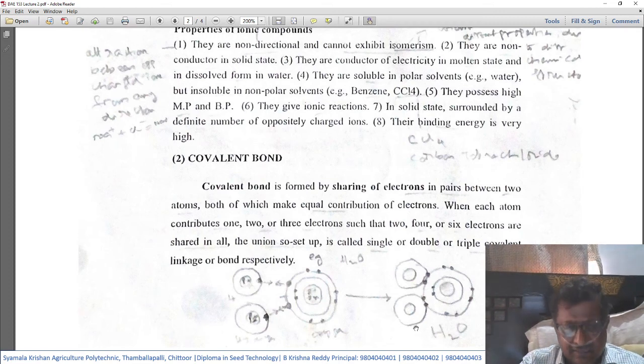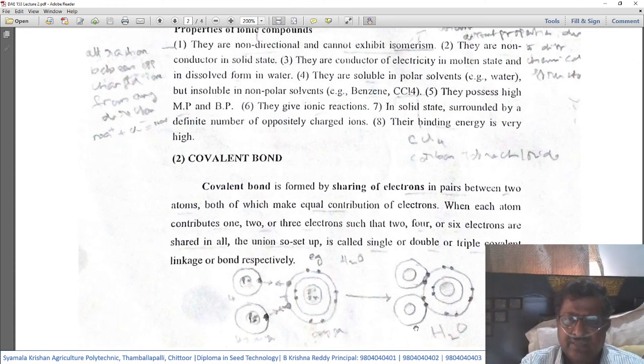Once this interaction takes place, because of the mutual sharing, now you can see here this hydrogen atom. I am drawing it bigger. This is a combined electron of hydrogen and oxygen. Kindly ignore this also, there are no electrons.